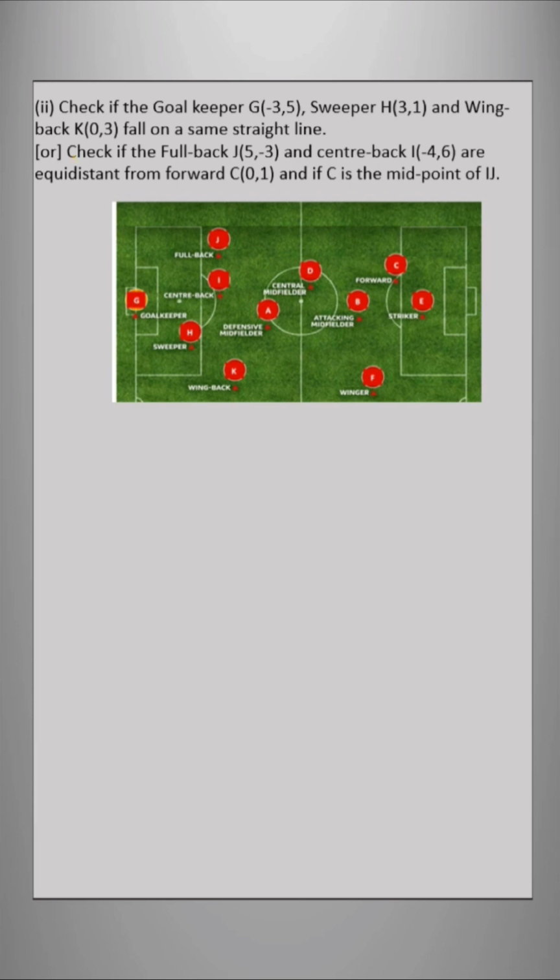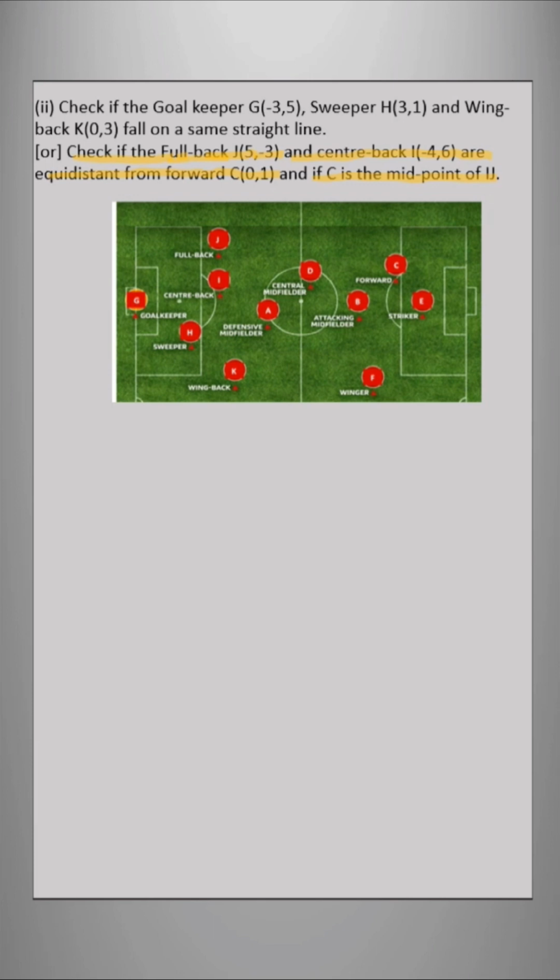Check if full back J (5, -3) and center back I (-4, 6) are equidistant from forward C (0, 1) and if C is the midpoint of IJ. Here, where is J?